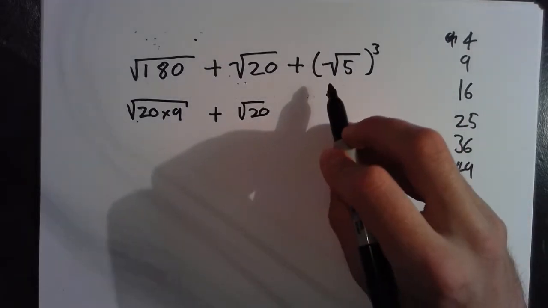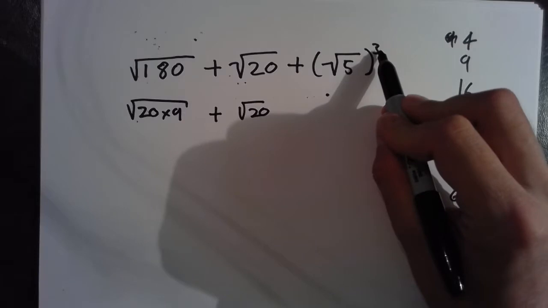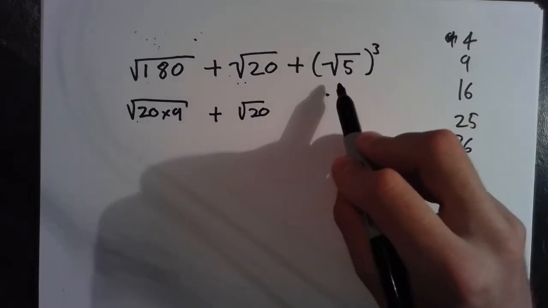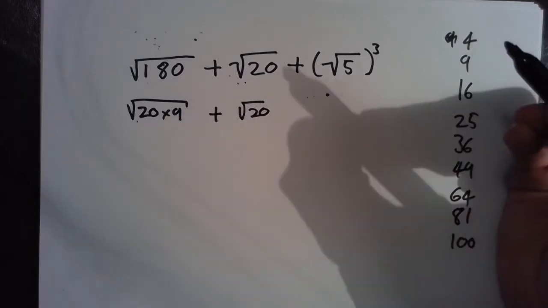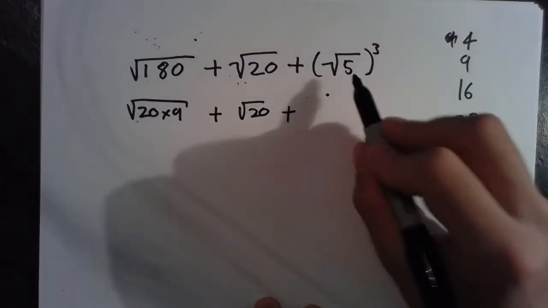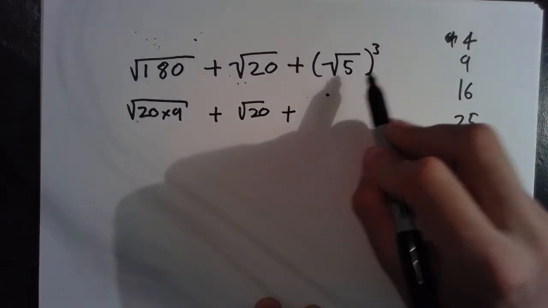Now this one's interesting. If this was a squared, then all of this would equal 5, because I'd have the square root of 5 times the square root of 5, which is 5. But what I've actually got is the square root of 5 times the square root of 5 times the square root of 5.